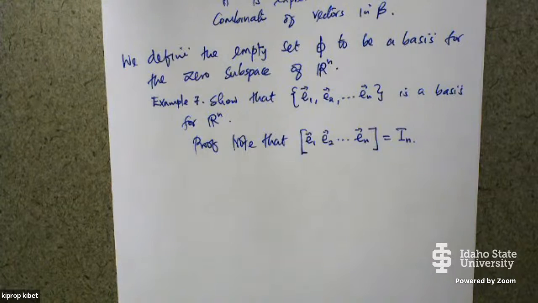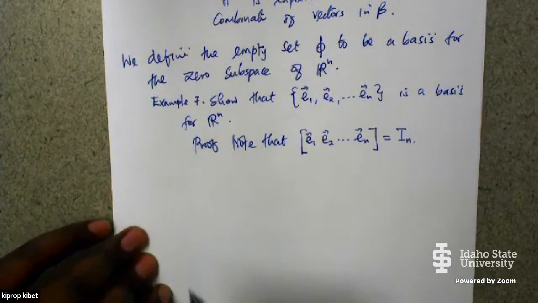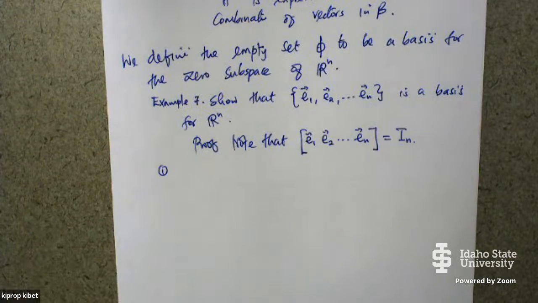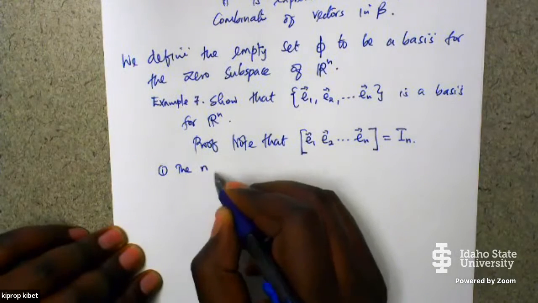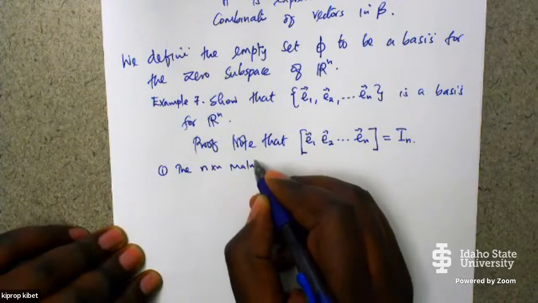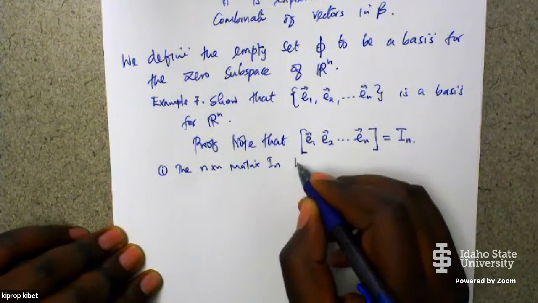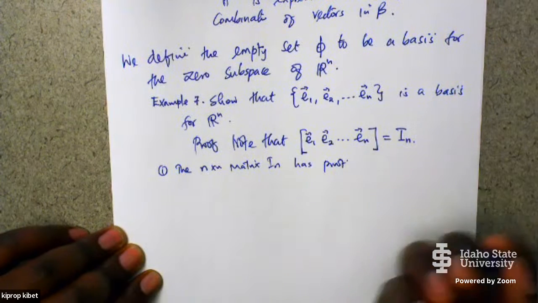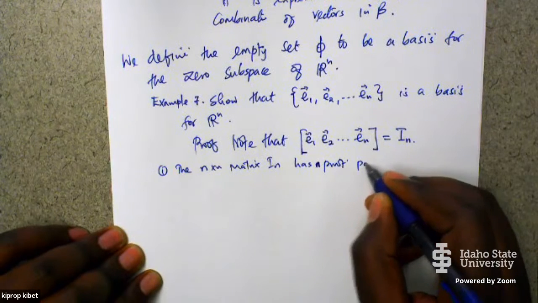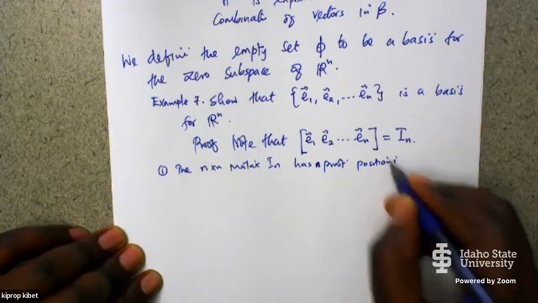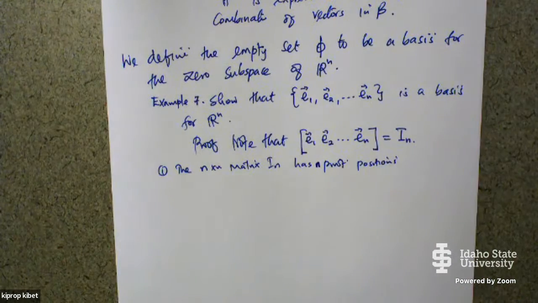Number one, this identity matrix is an n by n matrix, In, and it has n pivot positions.